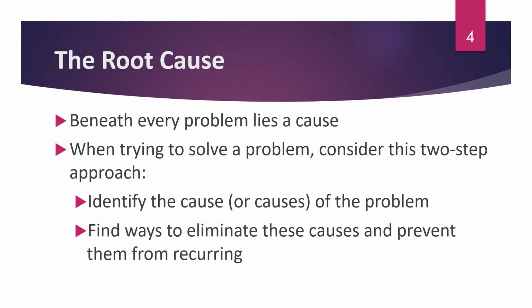Every problem may have multiple causes. Another problem may only have one cause. When you are trying to solve a problem or figure out how a problem was occurring, what is important is to identify the cause or causes of that problem and to find ways to eliminate these causes and to prevent them from occurring.